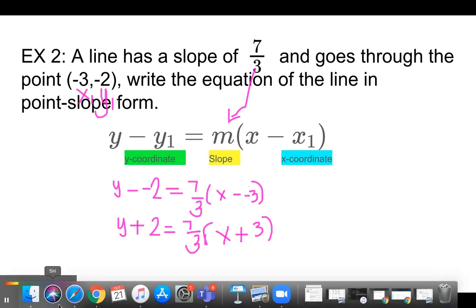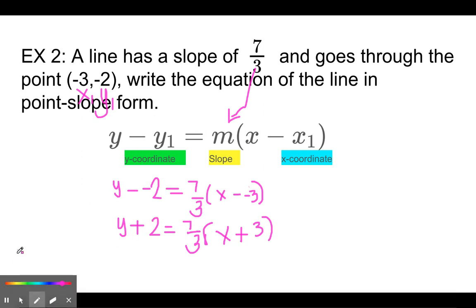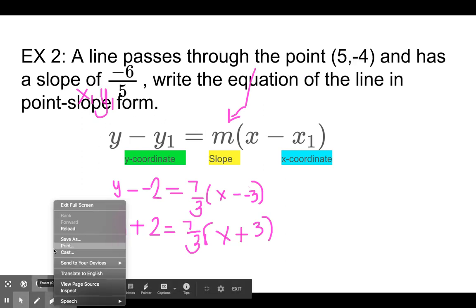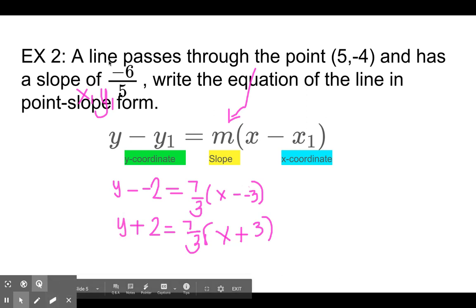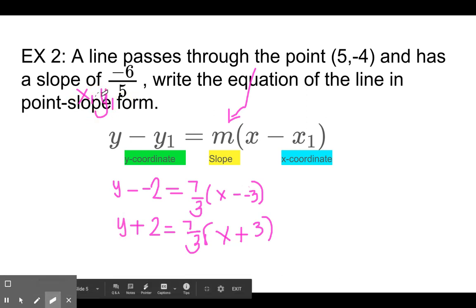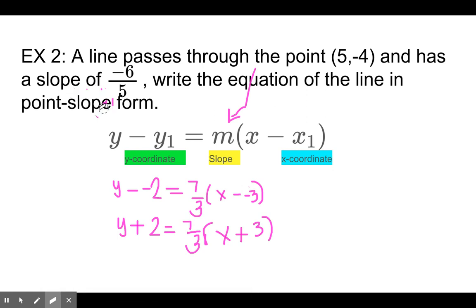Okay, let's try one more example. All right, so this time it says a line passes through 5, -4, and it has a slope of -6 over 5. So we need to plug in our m, our x1, and our y1, right? So we're going to get rid of that, and then we'll get rid of all of this.